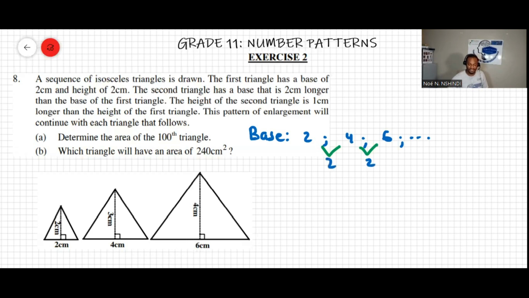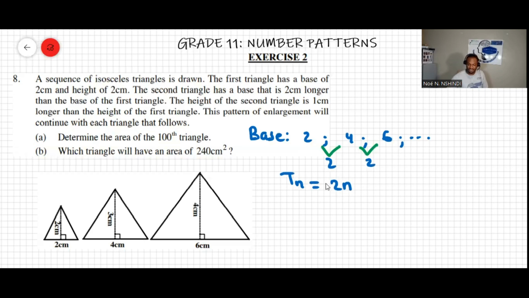Okay, then we can say over here Tn will be equal to 2n. That's all, because if I have 2, to get 2, just minus nothing or add nothing, so just 2n.